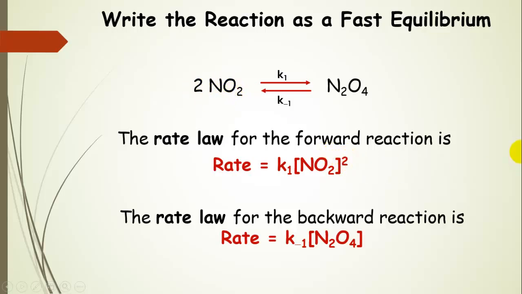So that's the rate law for the forward reaction. The rate law for the backward reaction is rate equals K sub minus 1, so the rate constant for the back process, the reverse process, and dinitrogen tetroxide is the reactant for that reverse process.